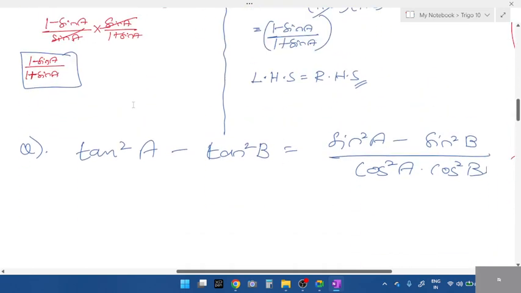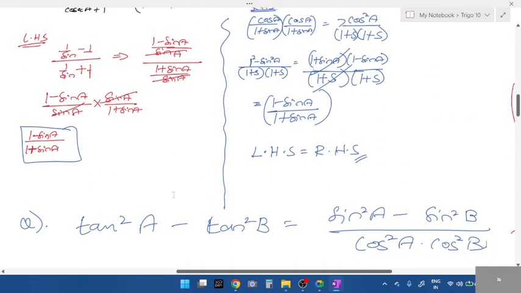Okay, try this question. Take left hand side, tan square A and tan square B is given. Convert in terms of sine cos, take LCM.